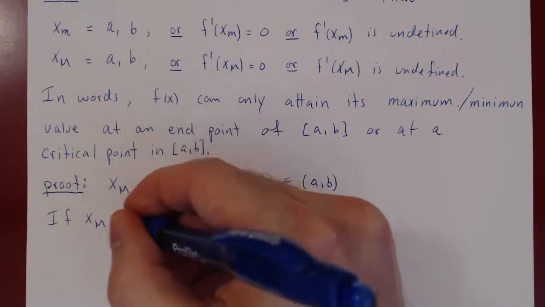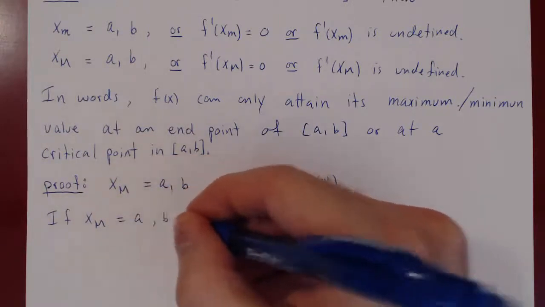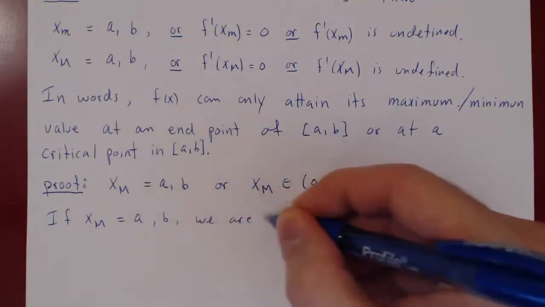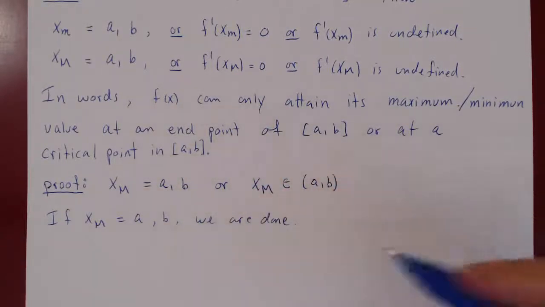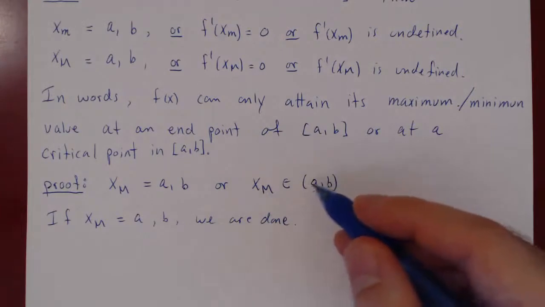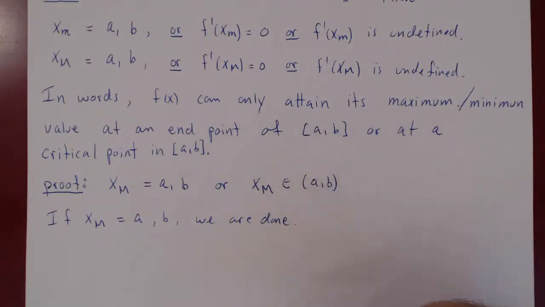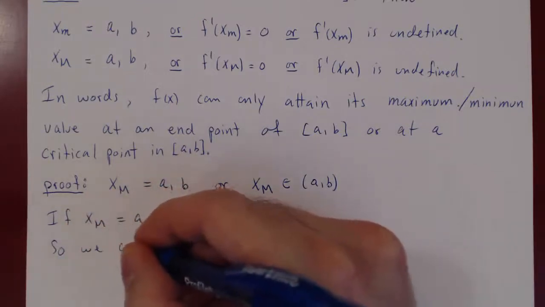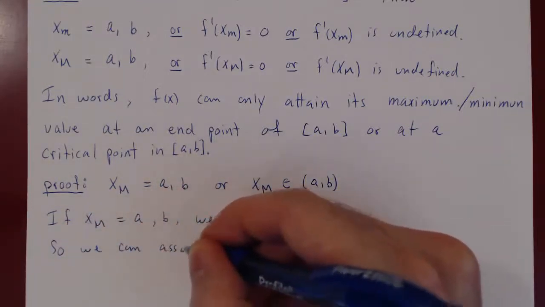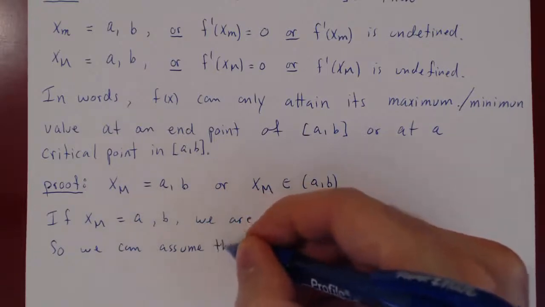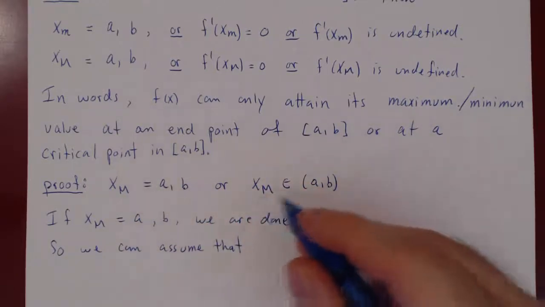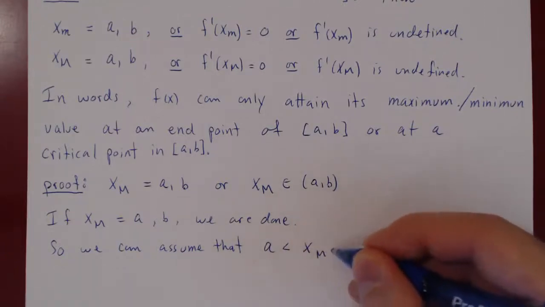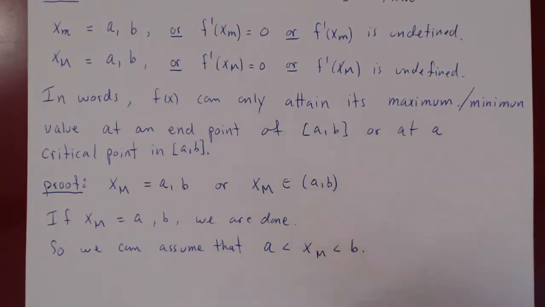So we can assume that xm is somewhere strictly in between A and B. If you prefer, you can write this notation, that xm is strictly lying inside of the interval.